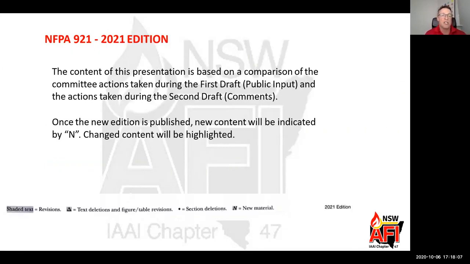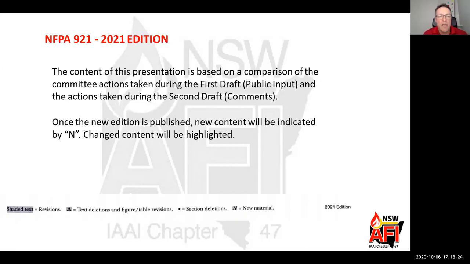So the content of the 2021 edition is based on the comparison of the committee actions taken during the first draft, which is the public input, and the actions taken during the second draft, the comments. So what we're going to be going through here are these changes from the first and second drafts.